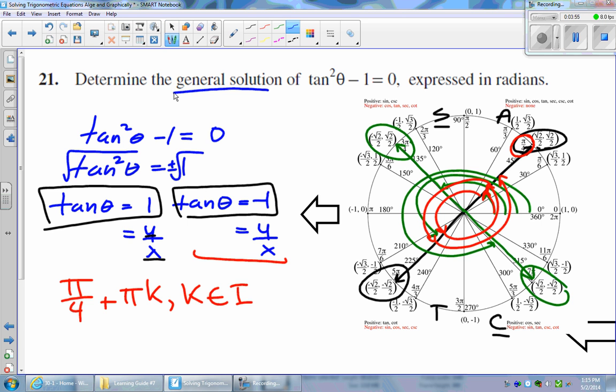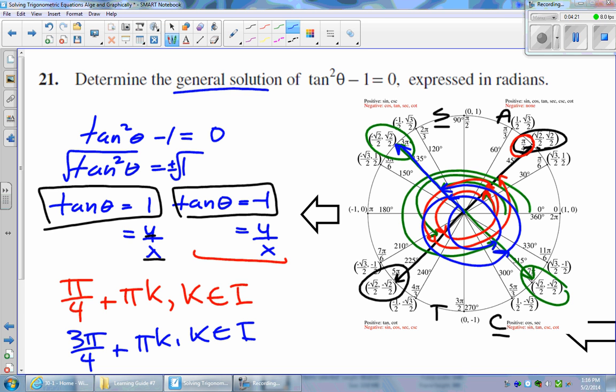So looking at this solution, for example, that's going to repeat itself every pi radians. So it repeats itself here, and again here, and over and over again. So to state the next part of our general solution, we have 3 pi over 4, and we're adding multiples of pi radians. And to show multiples, we use k, where k can be a member of the integers because we can go in the clockwise direction as well.